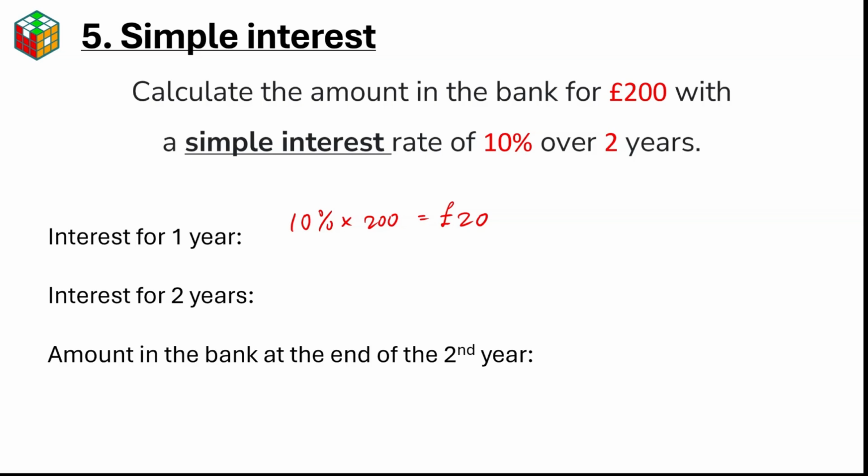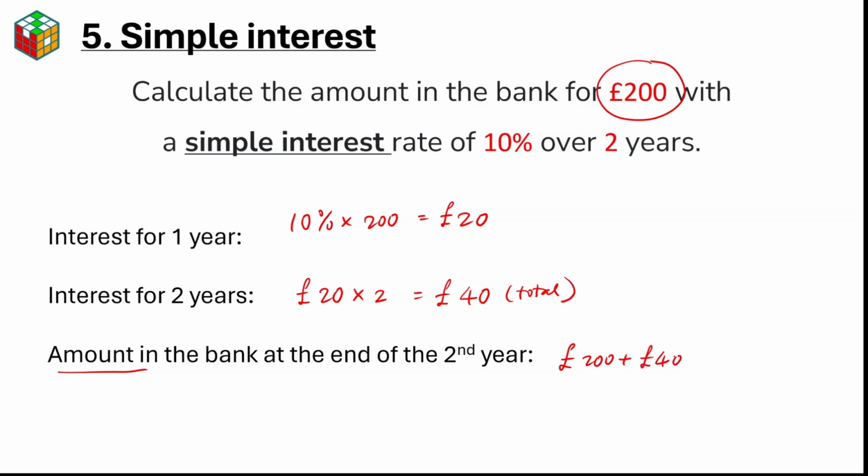The first year gives me 20, the second year gives me another 20. I double that, which means times it by 2. That is the total interest that I earn over the 2 years. The amount in the bank, including the 200 that belonged to me initially, will be 200 plus the 40 that the bank gives me as a bonus, as interest. I will have 240.